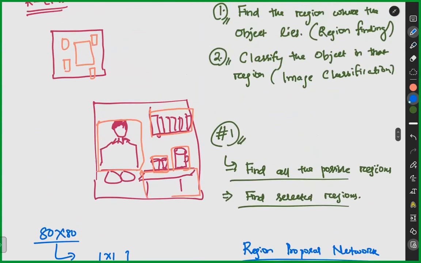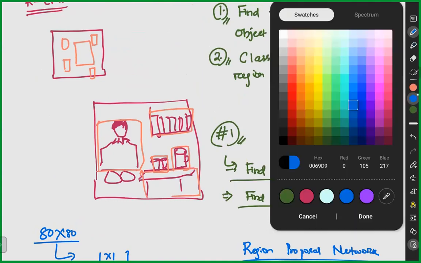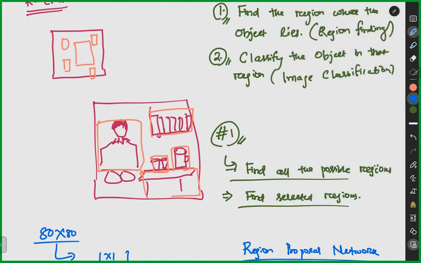Coming back to this picture, the network takes in the image, and now it proposes that okay, this might be an object, this might be an object, this might be an object.